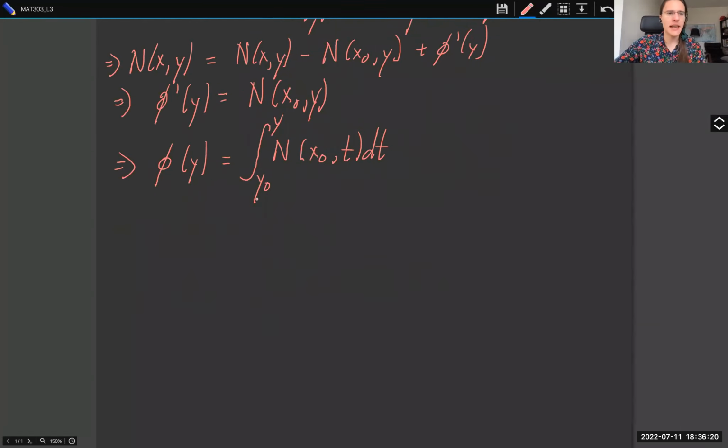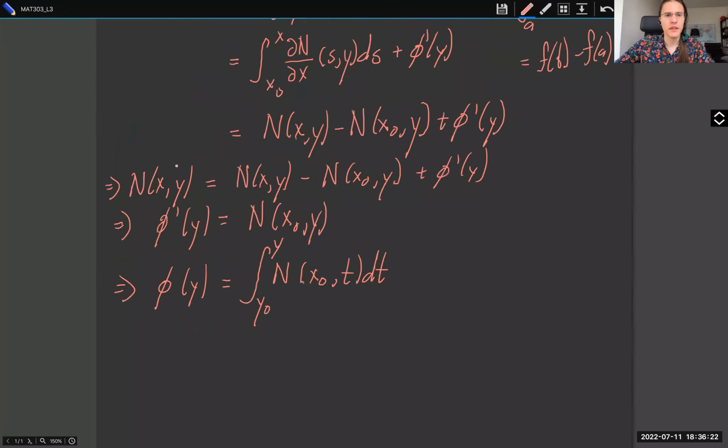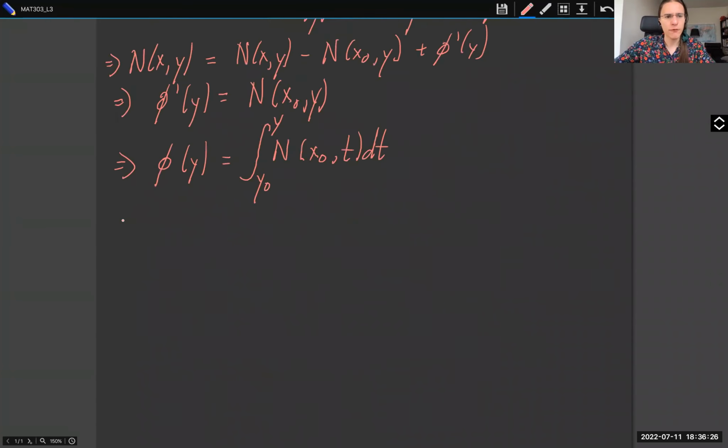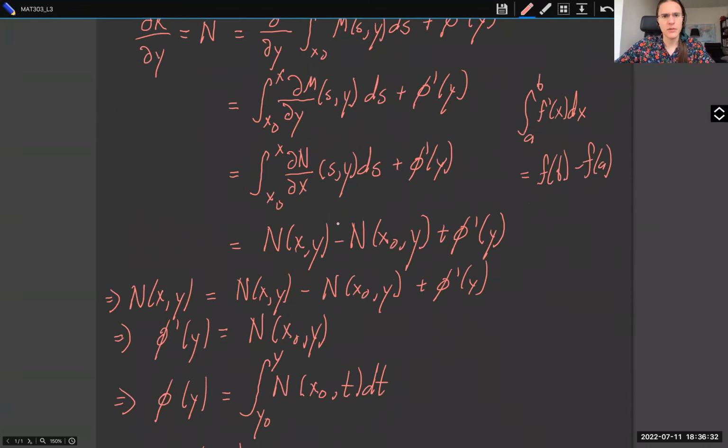So what happens then is that we found phi, and we now know what k is. Therefore, it follows that k of xy is going to be, let's see what we have first.